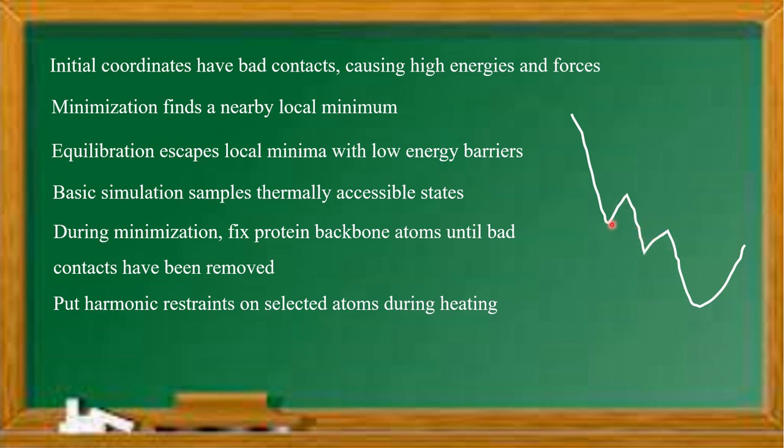So this is one energy minima, this is one energy minima, and this is the lowest energy minima. Our aim is to obtain this lowest energy minimum. So we carry out the equilibration process till the molecule becomes stable and is able to attain this lowest energy minima state.